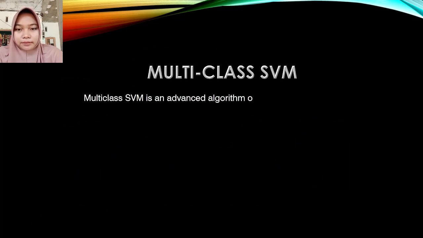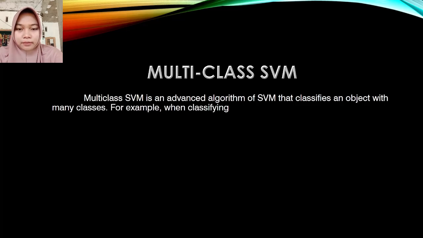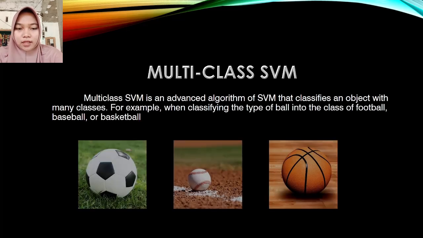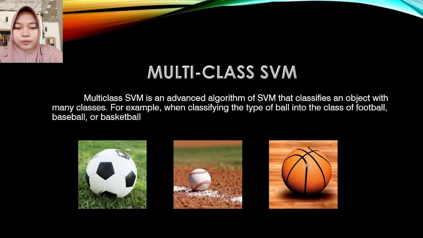Multi-class SVM. Multi-class SVM is an advanced algorithm of SVM that classifies an object with many classes. For example, when classifying the type of ball into the class of football, baseball, or basketball.